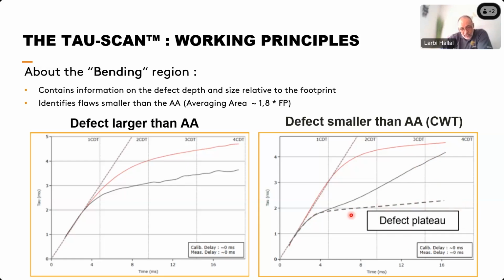Because of this, we know that we are undersizing, and then we will have to use the CWT, the compensated wall thickness tool or algorithm within the LIFT software, to help correct the value and try to get a better sizing.